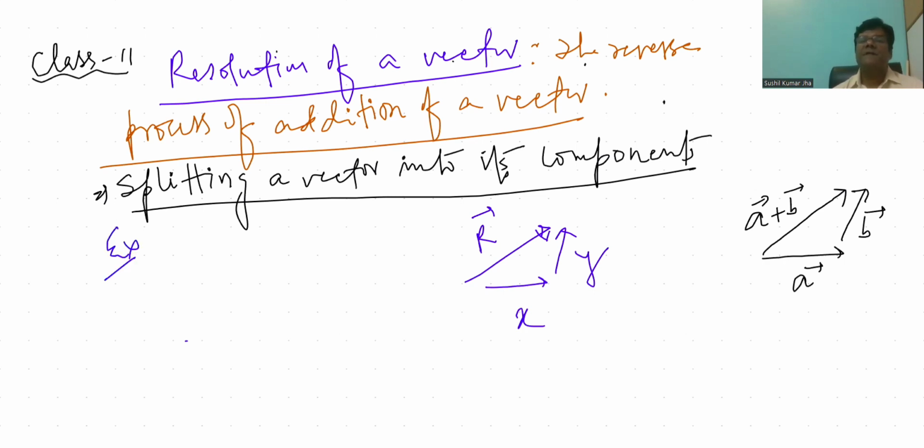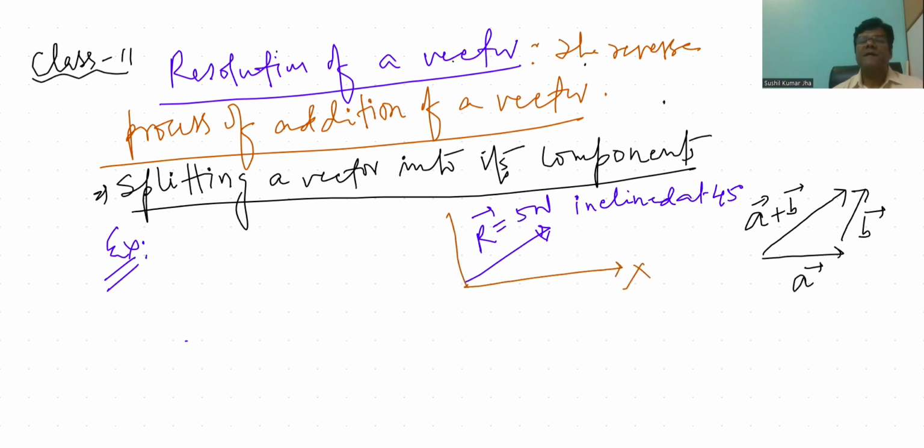Example: let's say R given is 5 Newton, and let's say it is inclined at 45 degree. So we have to find the components of R, and resolve the force. Let's say these are the coordinates, x-axis and y-axis.